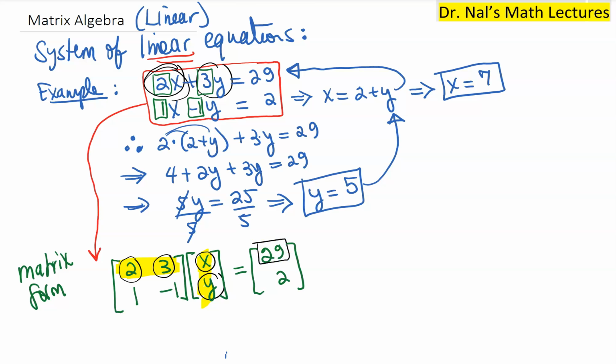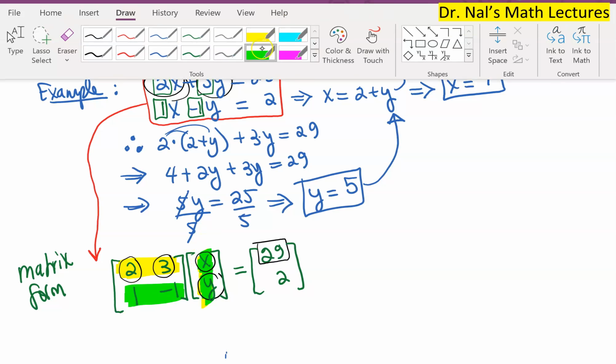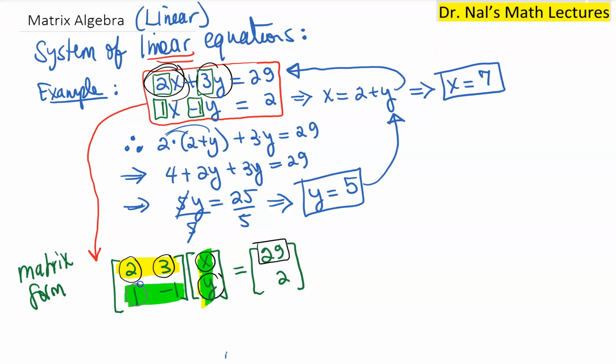Then what we will do next is take that second row and multiply with the variables one more time. 1 times x plus minus 1 times y, which is just x minus y, is equal to 2, and indeed that was the second equation. That's it.